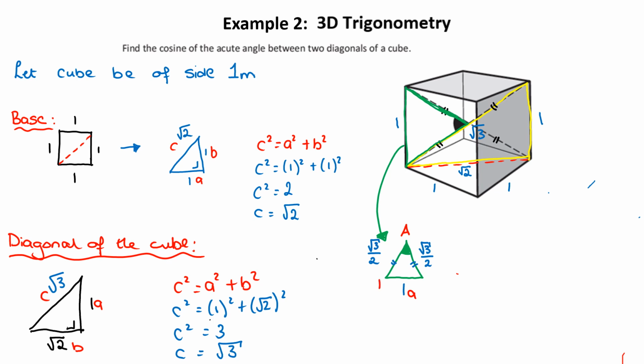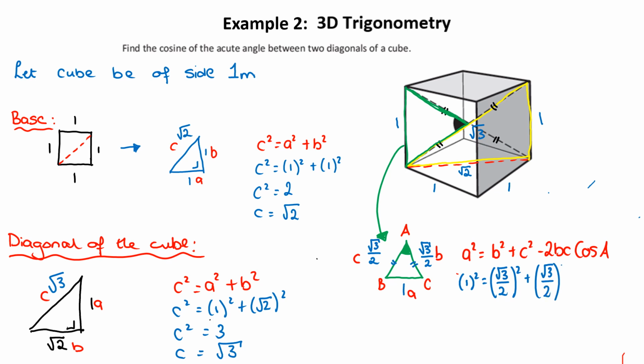We'll call that A, and then we'll call this B, and that's side B, and this is C, and this is side C. Our cosine rule is A squared equals B squared plus C squared minus 2BC cos of A. Filling in, we get 1 squared equals root 3 over 2 squared plus root 3 over 2 squared minus 2 times root 3 over 2 times root 3 over 2 times cos of angle A. Not great, but we just need to do a little bit of work there.